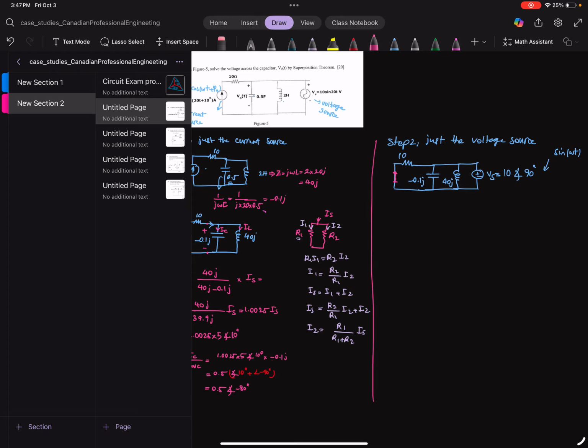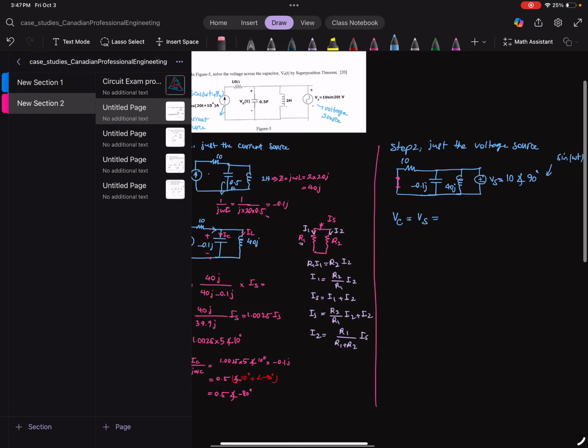But since all of these are in parallel, this is easy. Vc here is going to be exactly as Vs. So it's going to be 10, the phasor of 90.